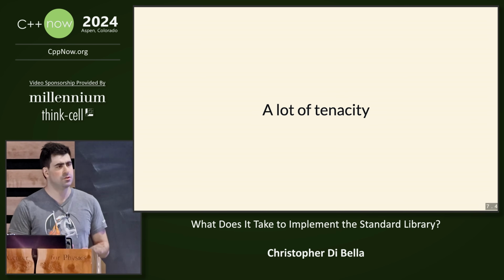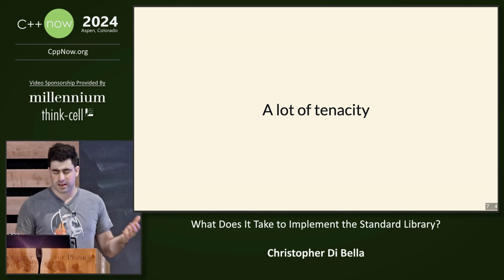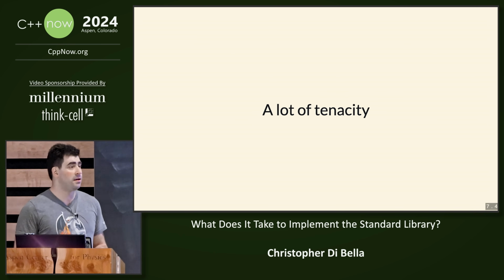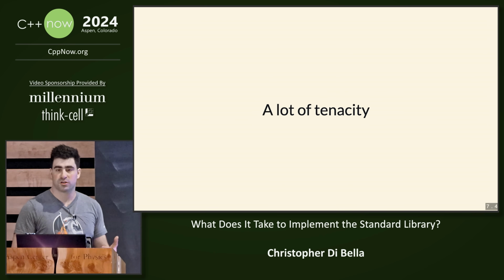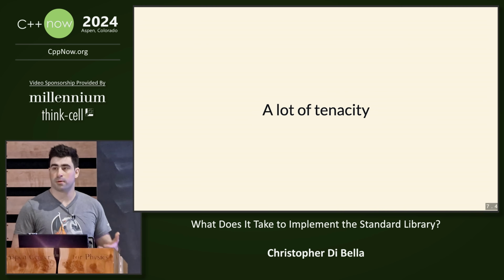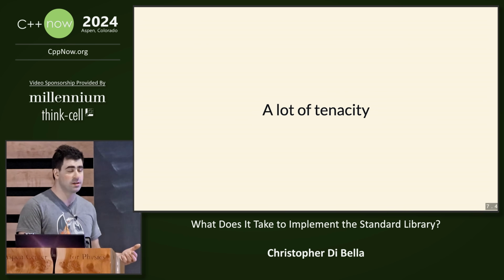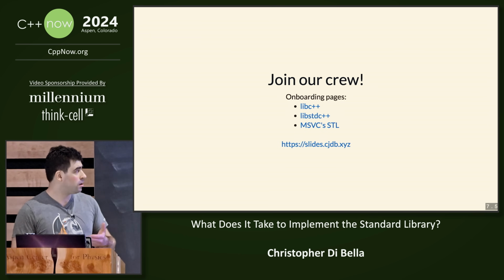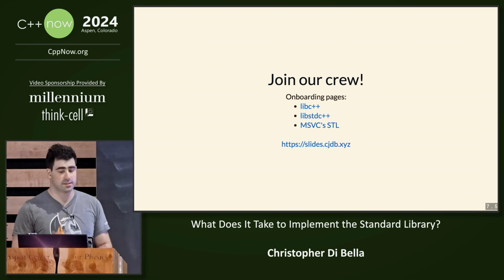You really do want to have an encouraging environment, and all three implementations, to my knowledge, really do foster that kind of collaborative and encouraging environment. And when you make mistakes, everyone really does help you out to get the best possible experience for the users, but also for you, the implementer. And so I'd like to ask that you join us.